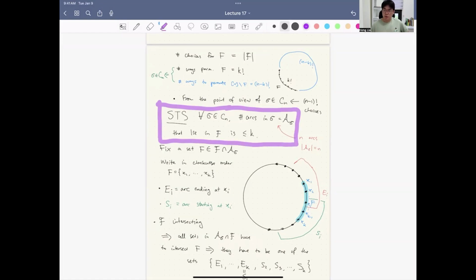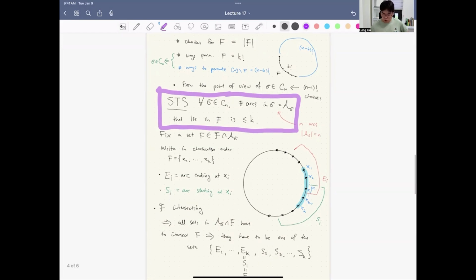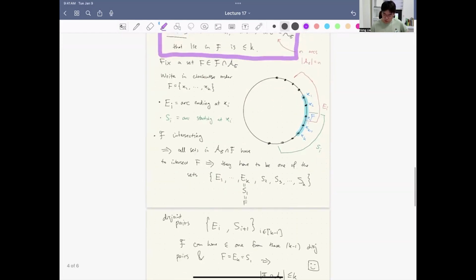For any cyclic permutation, the number of arcs that could possibly lie in an intersecting family F is at most K. So you still need to do this little argument.